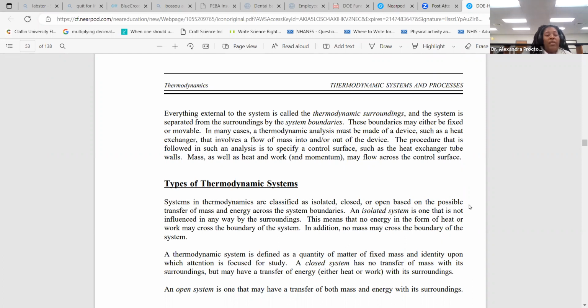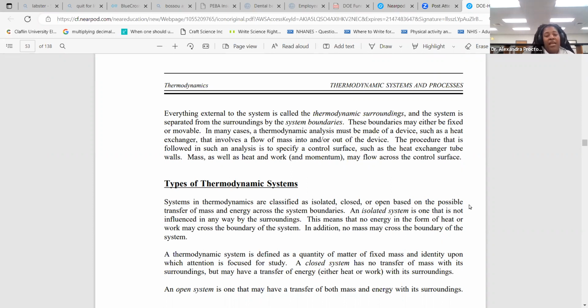This means that no energy in the form of heat or work crosses that boundary, and in addition, no mass may cross that boundary. A thermodynamic system is defined as a quantity of matter, a fixed mass, and identity upon which attention is focused for the study.